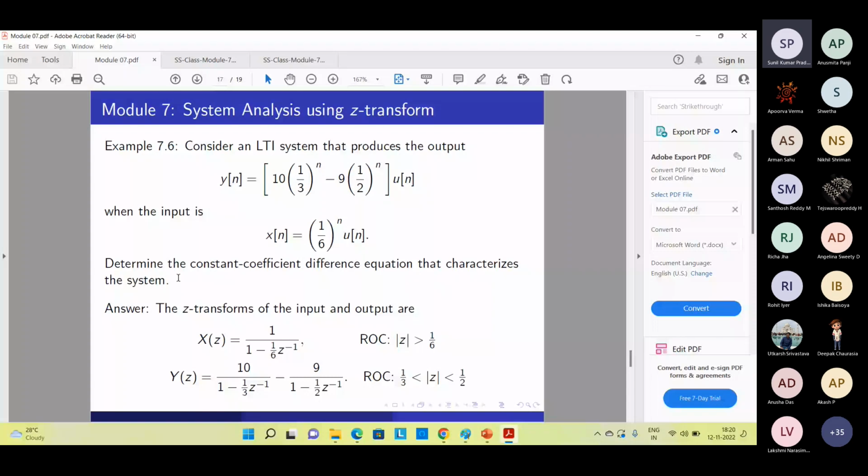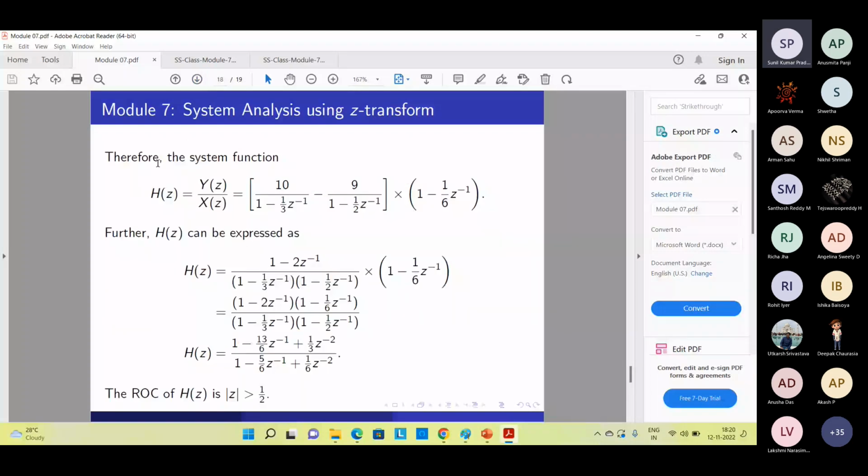After this, you can find the constant coefficient difference equation. How can we do it? Therefore, the system function we can write as H of z is equal to Y of z divided by X of z. It will come as this expression.